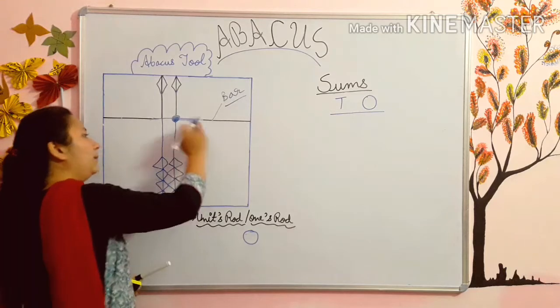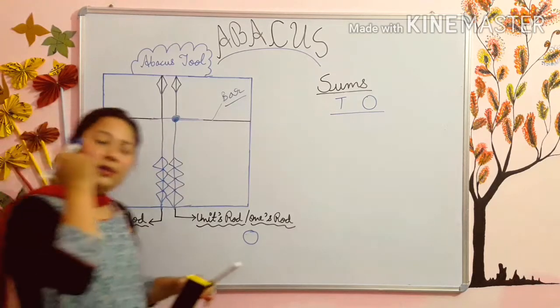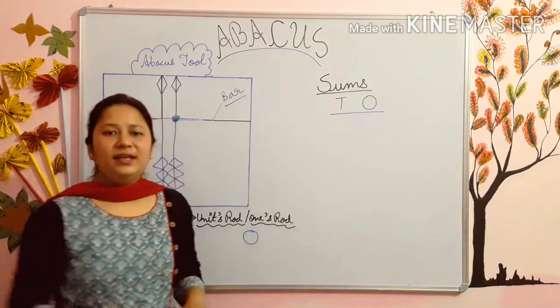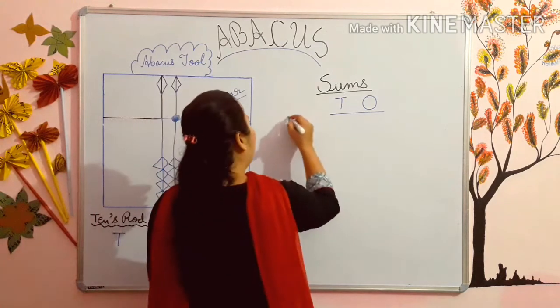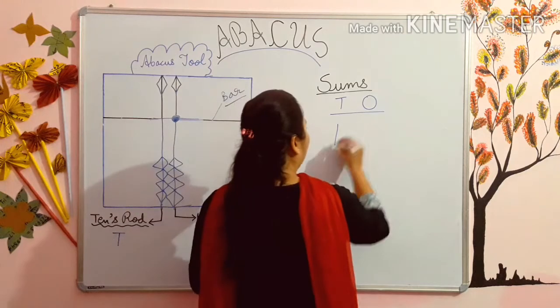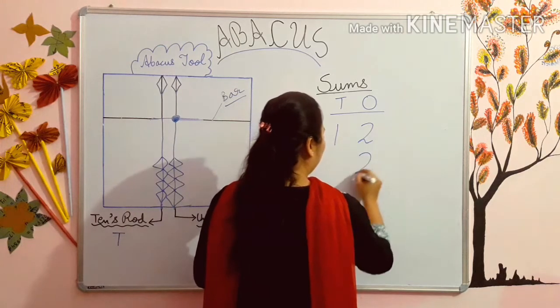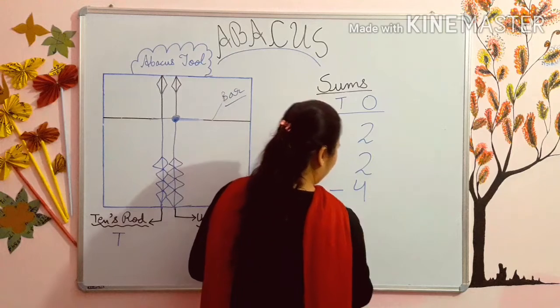When it will go up, जब ये ऊपर जाएंगी और इस बार से टच करेंगी, तब हम इन्हें काउंट करेंगे. फाइन. Now our last sum which is 12 + 2 - 4.